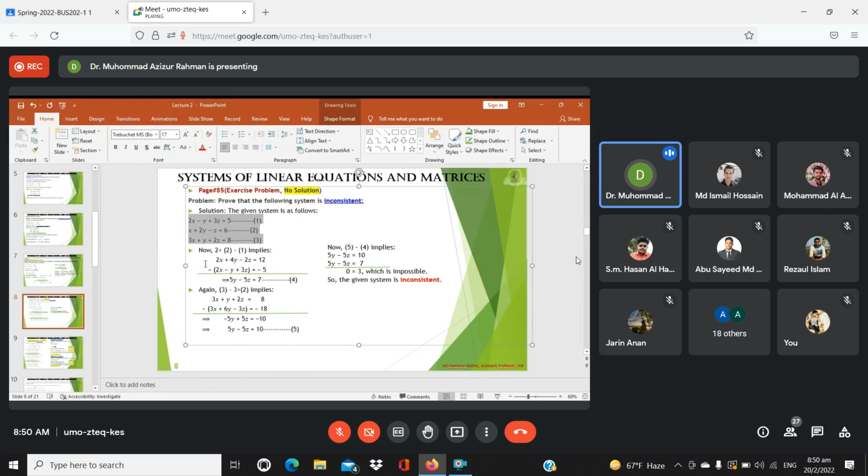Instead of eliminating x here, you try to eliminate y. Similar way, and see how the result is. And you need to submit to me. You write your student name, student ID, your section, today's date, take a picture, and email to me.